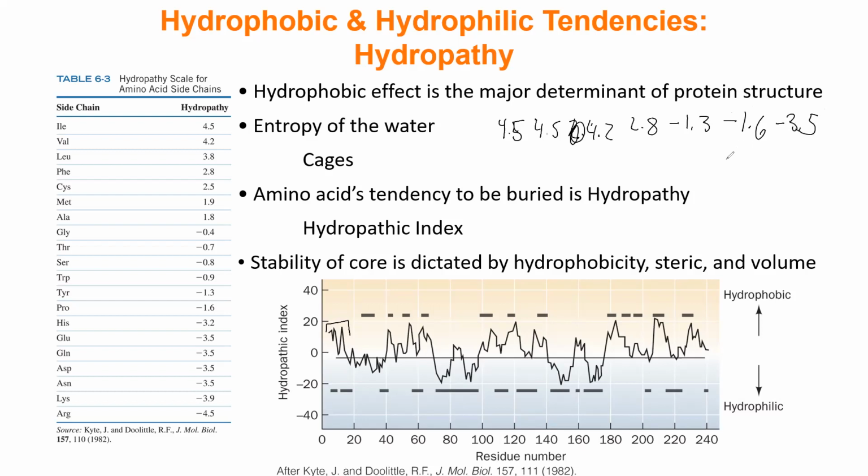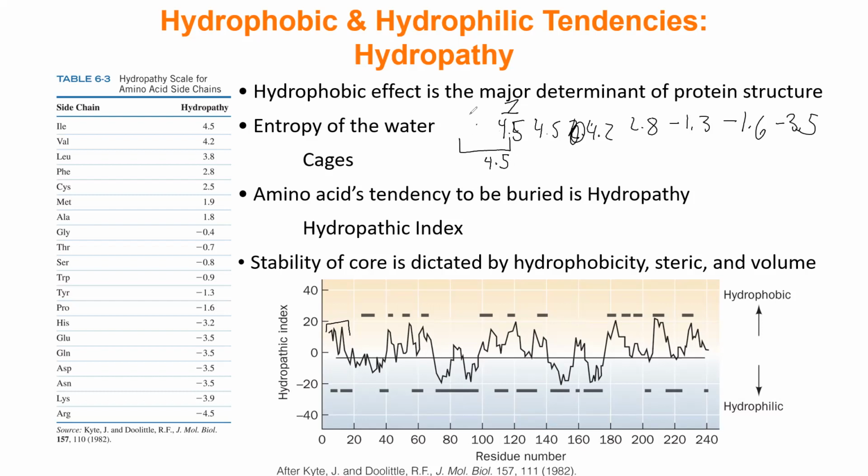And the way my running average is going to work is that I'm just going to take the average of 3 amino acids. So this is my first amino acid. If I'm looking at a window of 3, the first 2 don't have any score at all. It's not 0, there's no score. So my first plot on my hydrophobicity index, my first number would be 4.5.